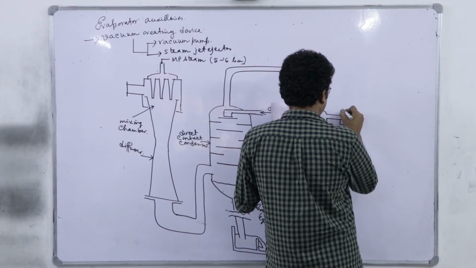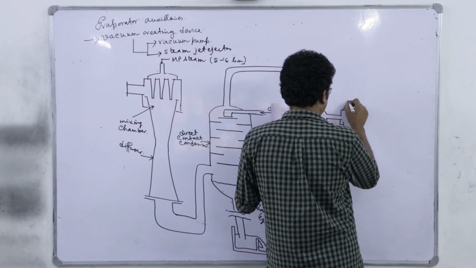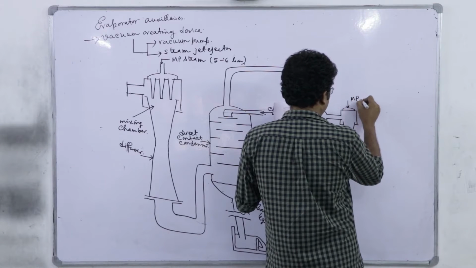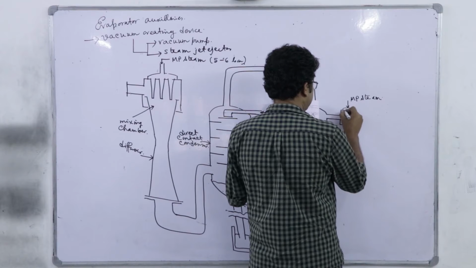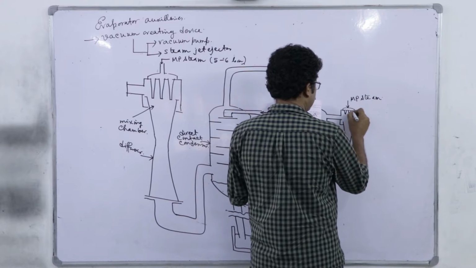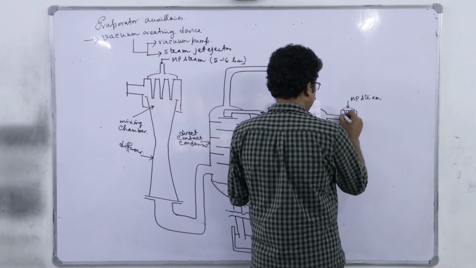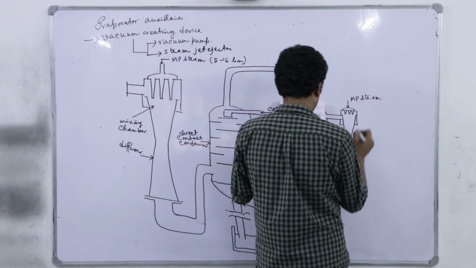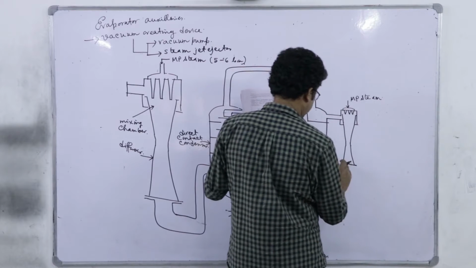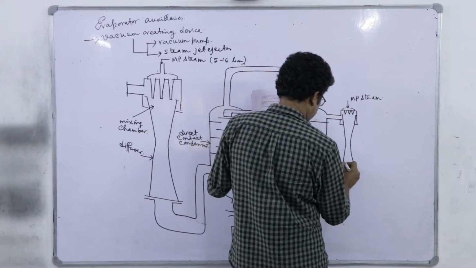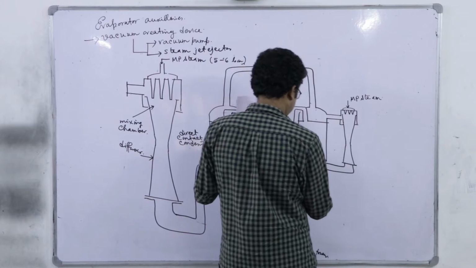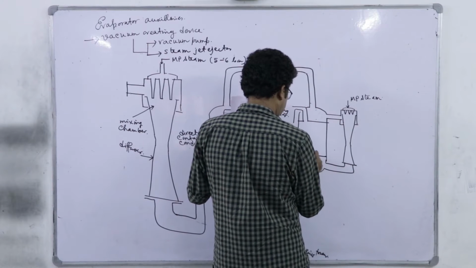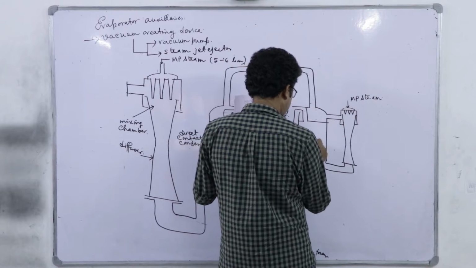Here we again have the same medium pressure steam and the nozzles, right. From the outlet, it goes to the second steam jet ejector. Again, there are baffles and all.